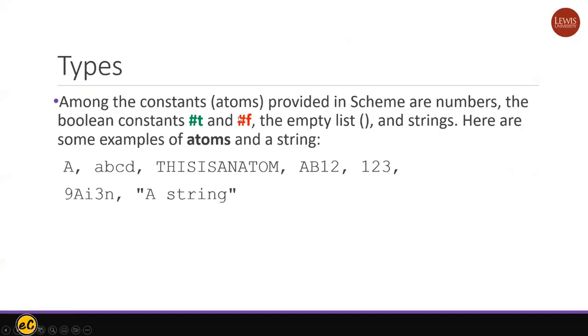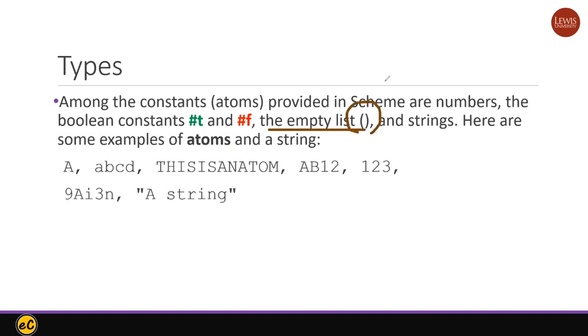For data type you have the Boolean type. Boolean type constants are sharp T and sharp F, which are true and false. And then the variable, atom or a string, is A, B, C, D, whatever. These are strings. You can use double quotes for a string to include a space. An empty list is this.